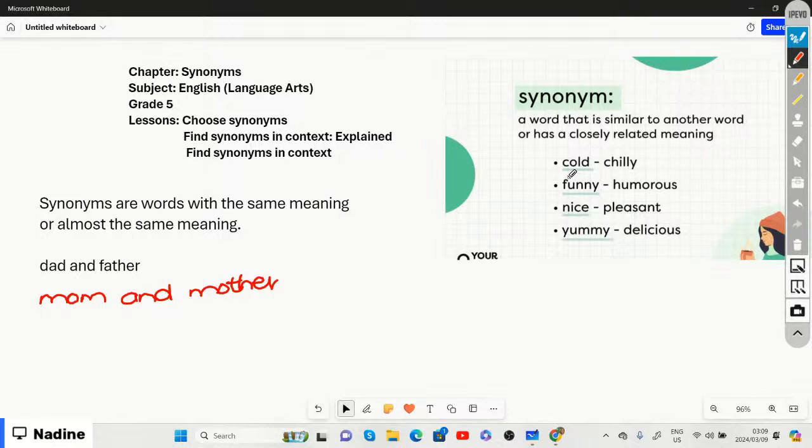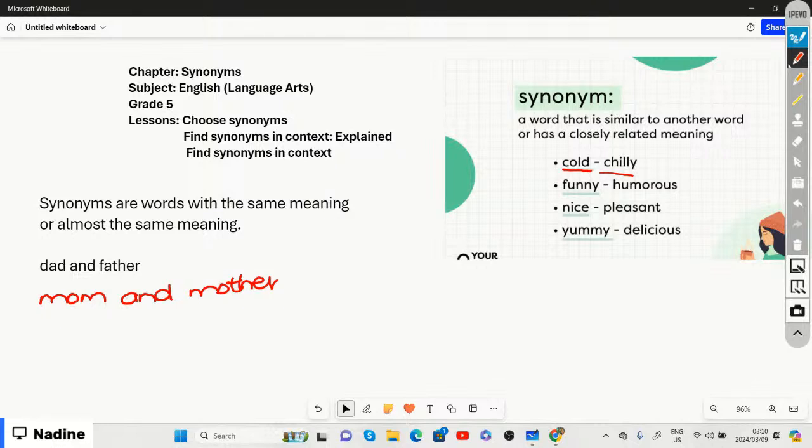And an example is the synonym of cold, right? So the synonym of cold is chilly. So someone would say, "Oh, it is very cold," and somebody would say, "It is extremely chilly."